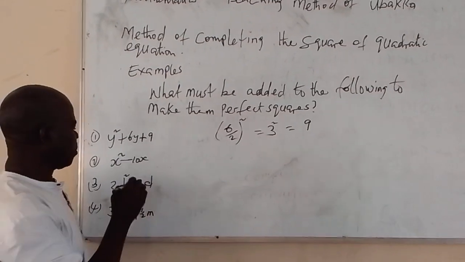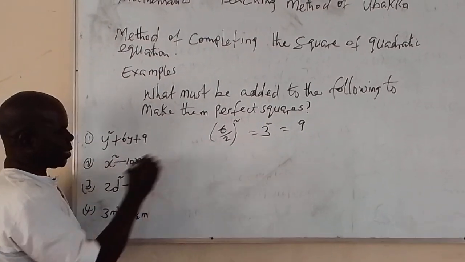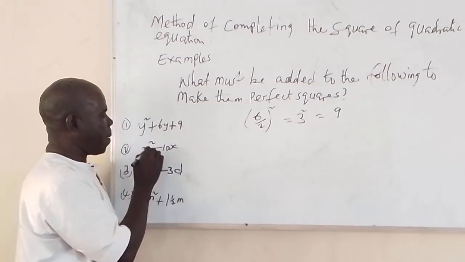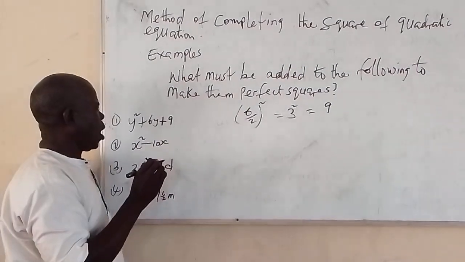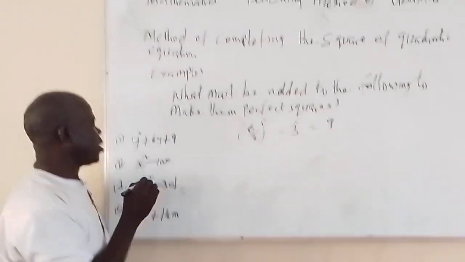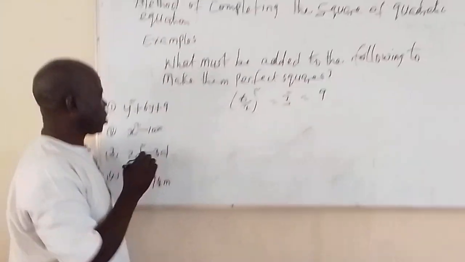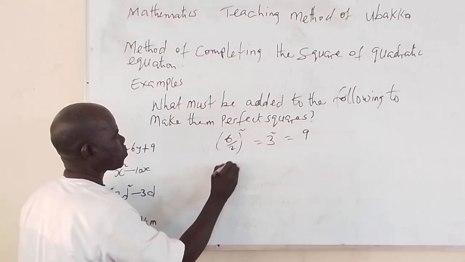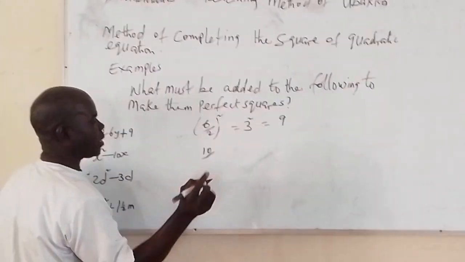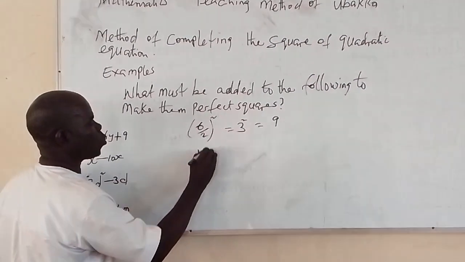If I pick number 2, working it aside, I have x squared minus 10x. Then you divide the coefficient of x by 2 and square the result. And that's going to be 10 over 2.